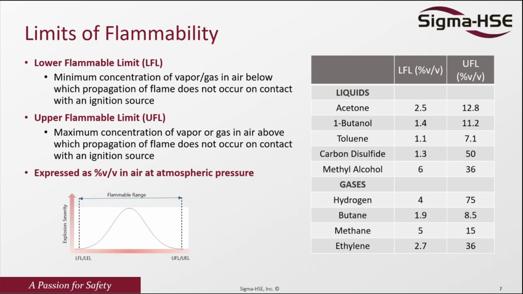The range in between the lower and the upper is termed the flammability range. So this is something that we need to understand. Below the lower flammability limit, you are not going to get ignition. Above the upper flammability limit, you are not going to have ignition or combustion.